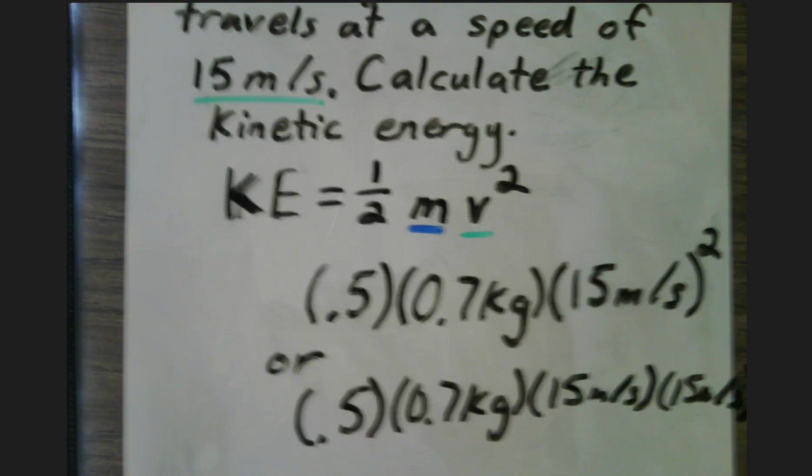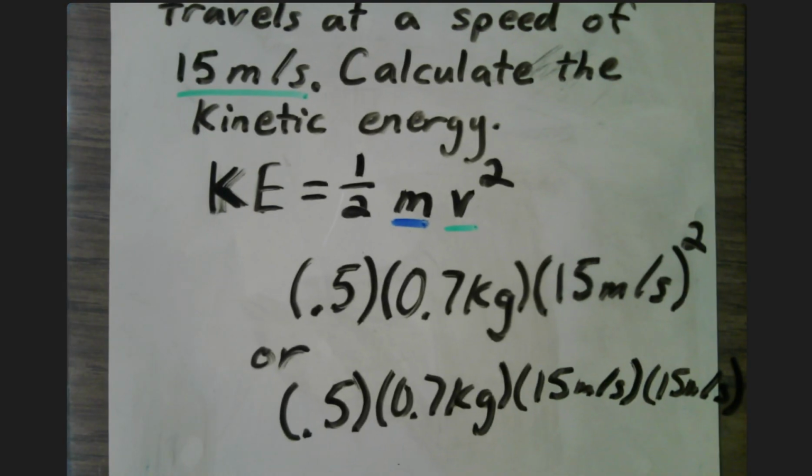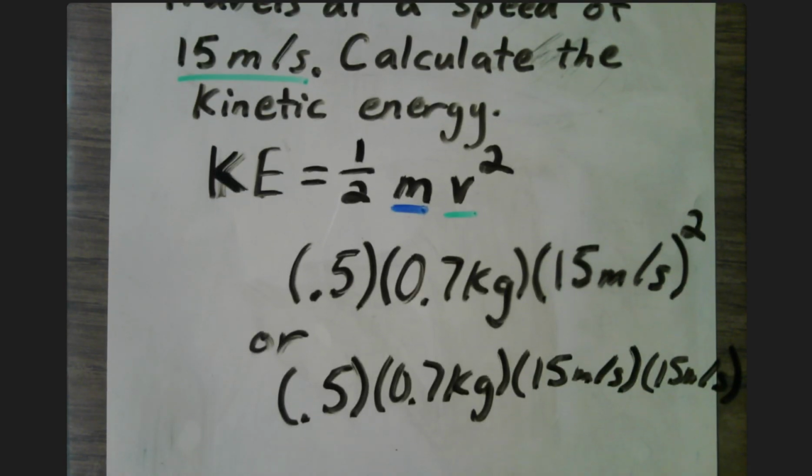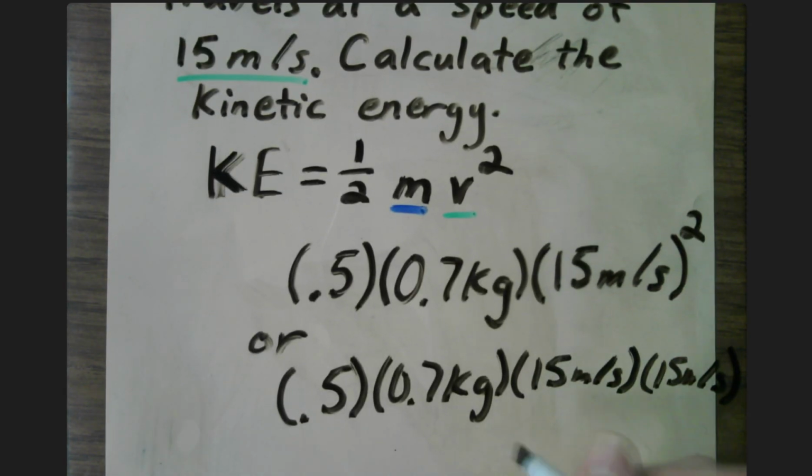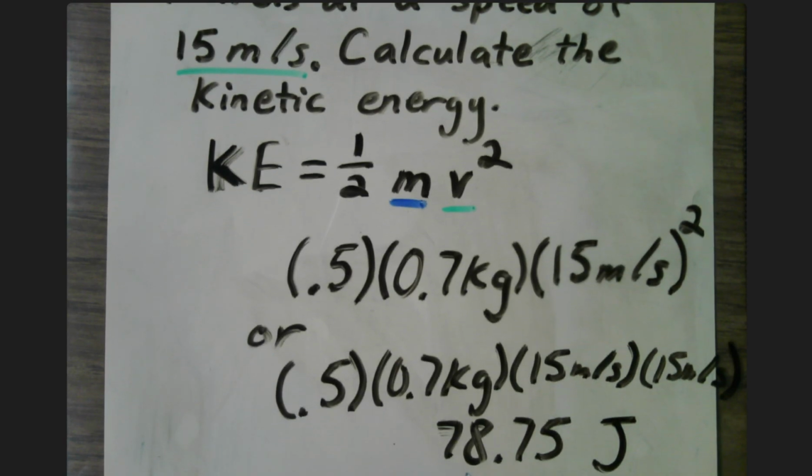It is the same thing, just written slightly differently. And when we multiply all of that together, our answer is going to be 78.75. Our units for energy are joules.